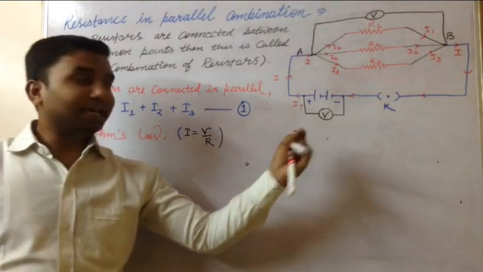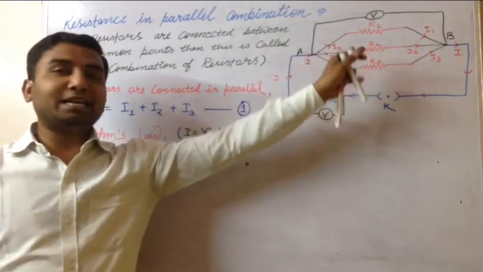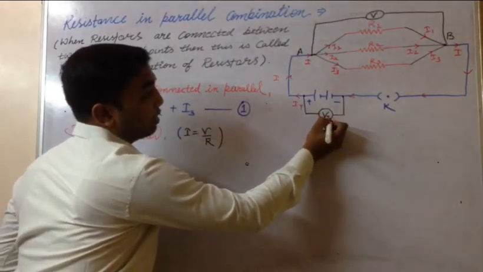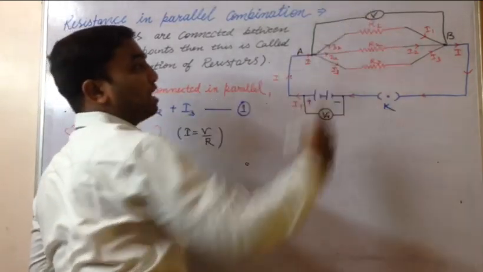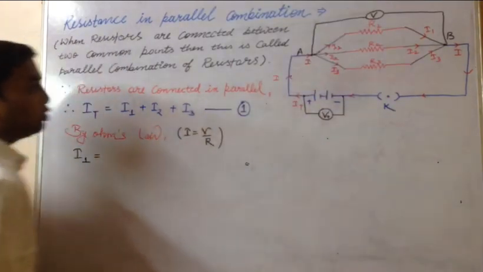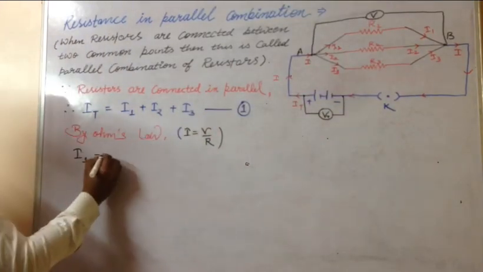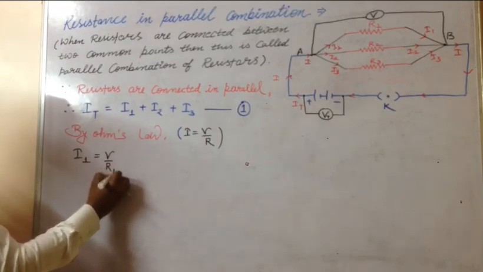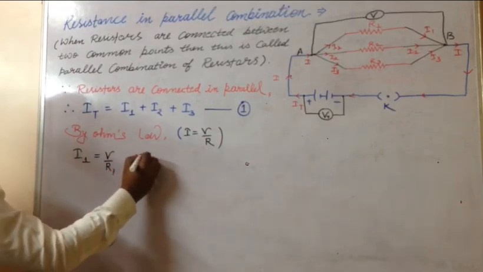Look here. These resistors are connected in parallel, and there is 1 volt, one potential difference across the battery, and the same potential difference is acting here also. So this is a common potential difference. So I1 equal to what? V upon R1. What about I2?